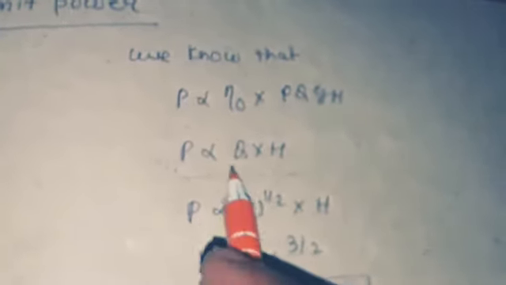Discharge is also directly proportional to h to power 1 by 2. That's why P is directly proportional to h to power 1 by 2 into h. Finally we get P directly proportional to h to power 3 by 2. Now unit power has the formula P upon h to power 3 by 2.